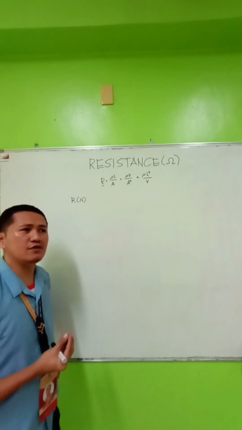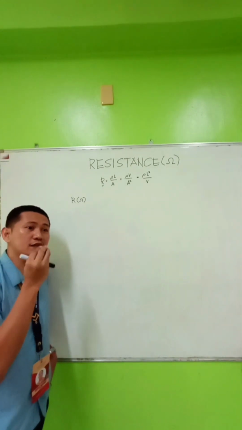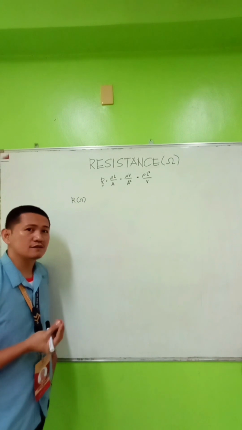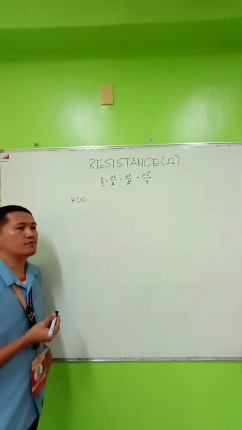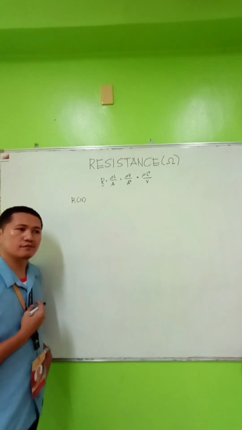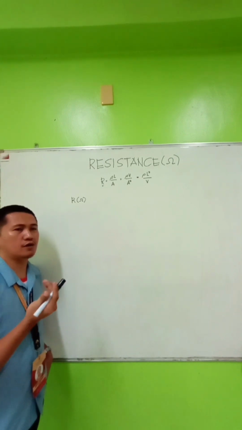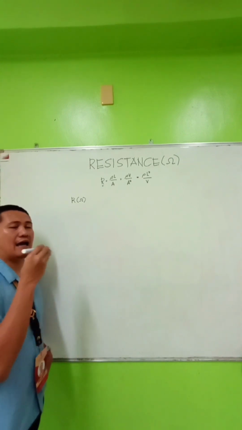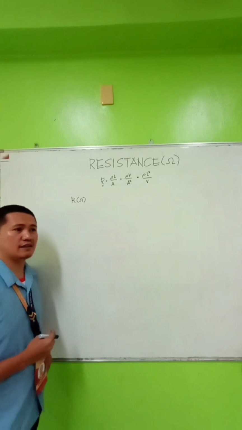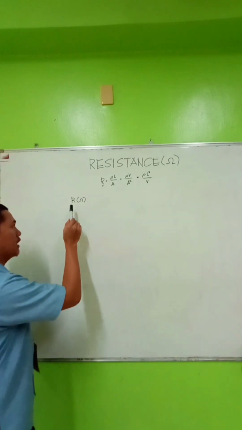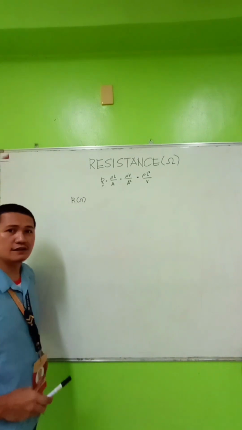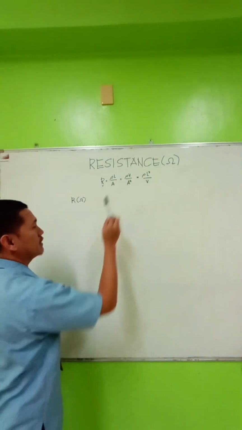What is this resistivity? Resistivity is the property of your materials. For example, copper, aluminum, silver: each material has its own different value of resistivity. So our resistance is directly affected by our resistivity.